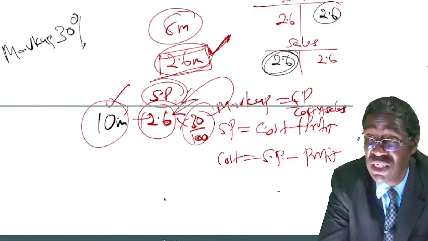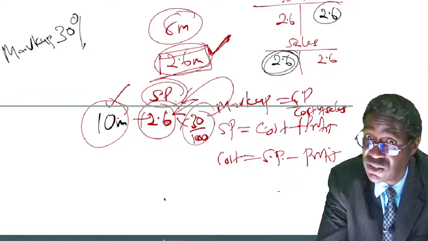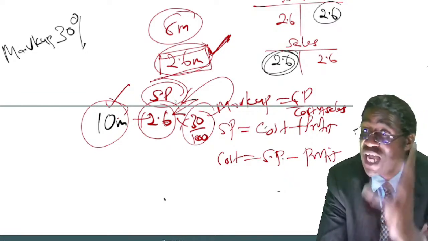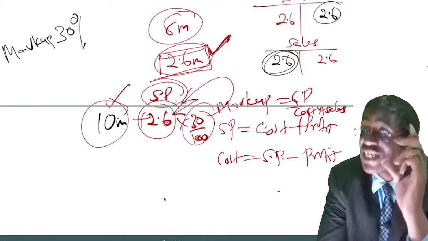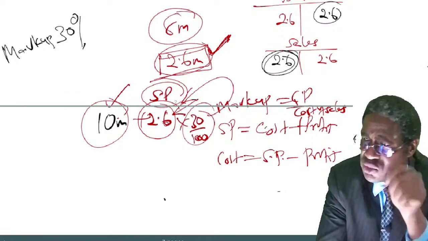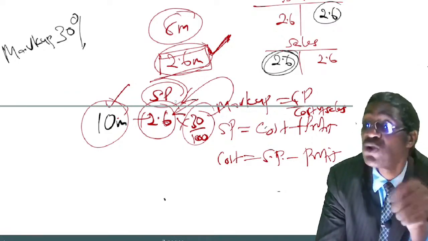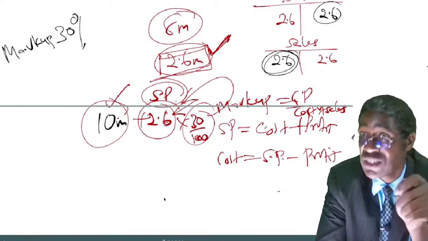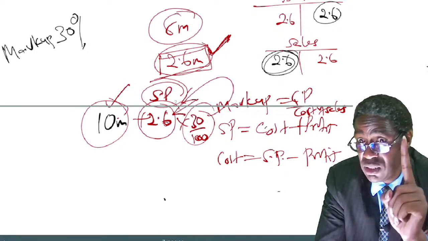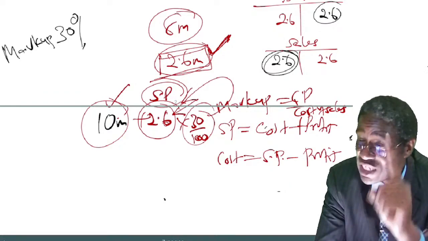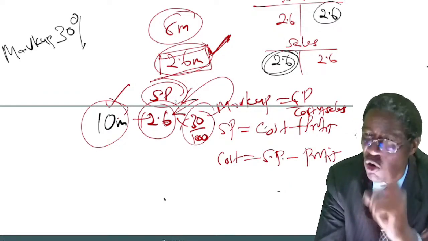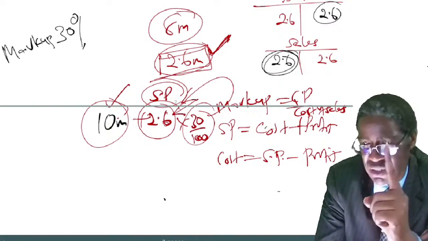So if I use the markup, it means I don't know the GP and I don't know the cost of sales. So it's obvious I cannot use markup on the 2.6 because 2.6 is the selling price, and 30% is the markup. And markup goes with the cost of sales, not with the selling price.